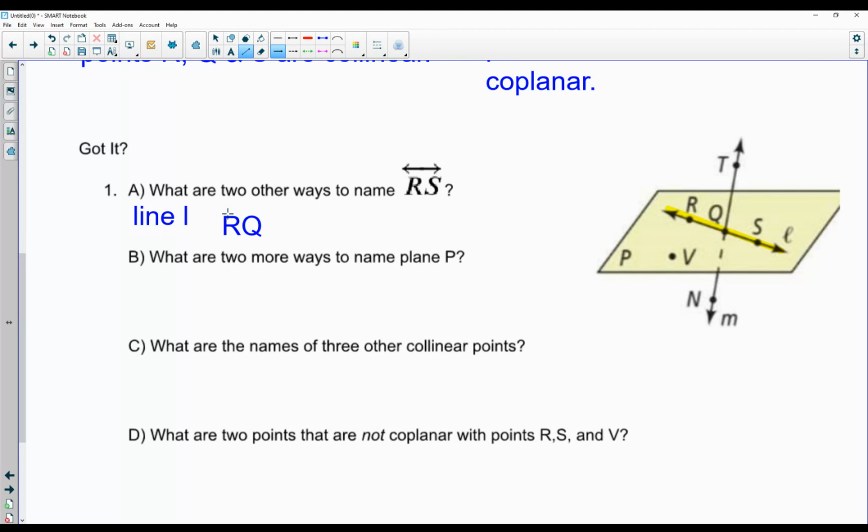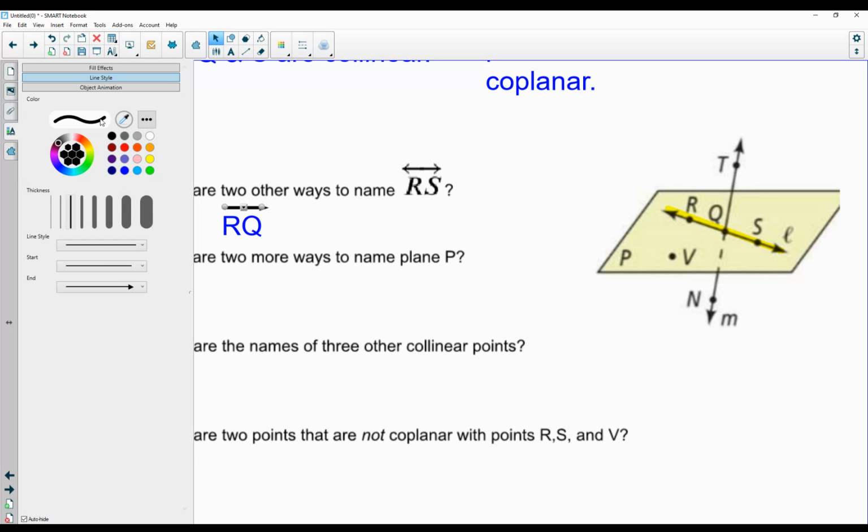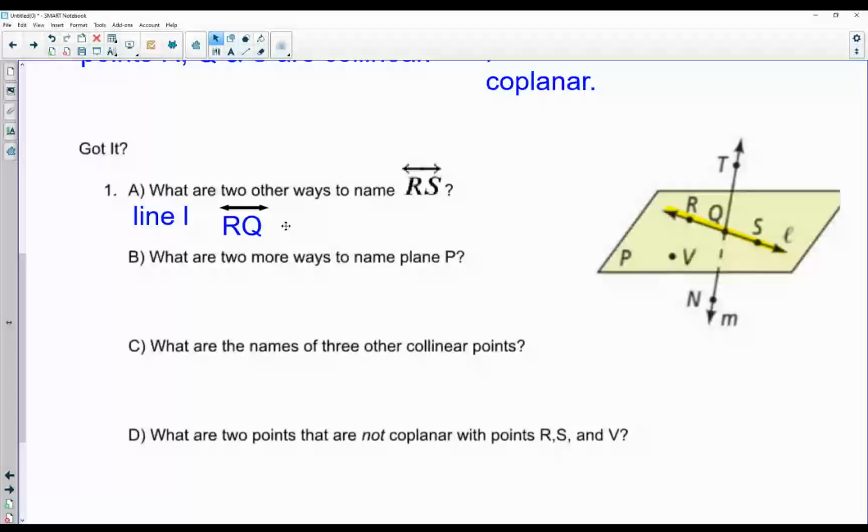This is a line, so we need to have the arrow on both sides. So here we have this, put my arrow. Perfect, RQ. And feel free to also do something like QS. There's a number of different things. We only need two, so I'm going to stick to just these two.